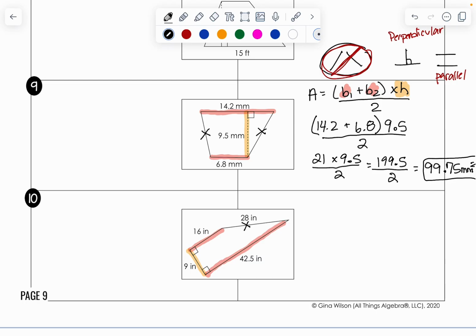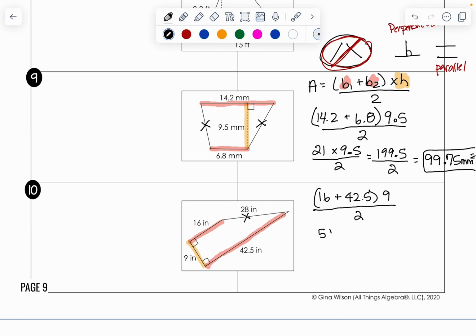Okay, problem 10, I'm just going to plug my numbers into my formula. I have 16 plus 42 and 5/10. Those are my bases. My height is 9, and then I'm going to divide by 2. I'm going to add first: 16 plus 42 and 5/10, and I got 58 and 5/10.